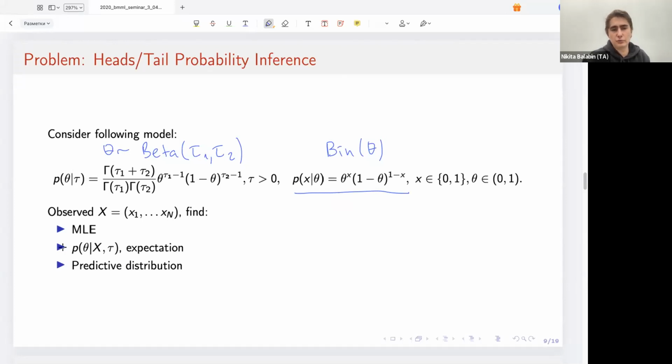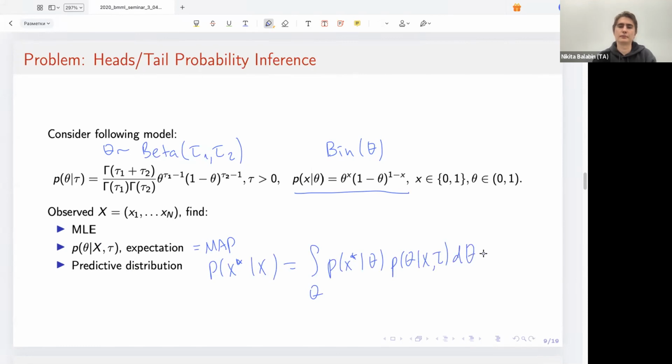Try to find the posterior distribution with such a prior, and the predictive distribution. The predictive distribution is with some new points, and it can be written like this. So please try to solve it. You again have 10 minutes.